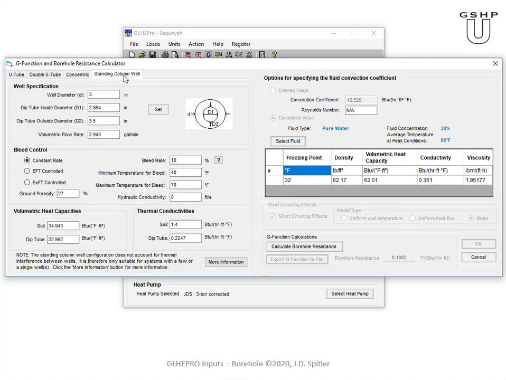We're not going to look at standing column well. Standing column well is not just another borehole design. First of all, it's like a water well, and the water inside the tube is open to the rock. And it has some more complex features related to bleed rate, whether you want to pump some water off intentionally, or if you're also using your well as a water well and you're literally drawing domestic water off.